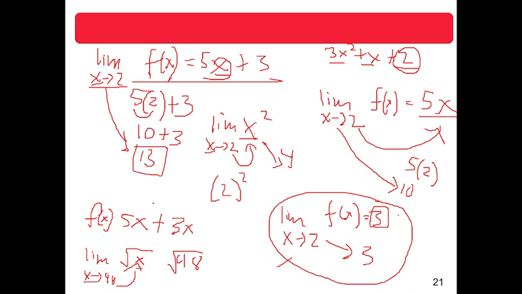We know that the factor of 48 is 4 times 12, right? And that could be distributed as the square root of 4 times the square root of 12, correct? And what is the square root of 4? You know that it is 2, correct? And 2 times the square root of 12.